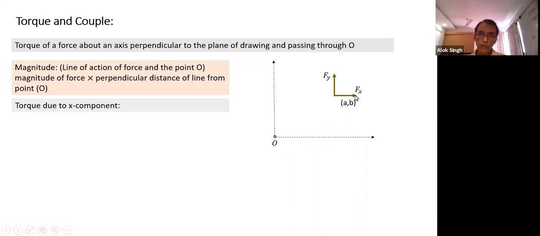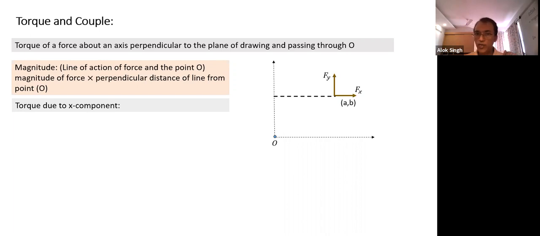So we need to multiply the magnitude of force by the perpendicular distance of point O from the line of action of the force. Can you all mark this line of action? Even if it is not drawn, I can extend the force, and I can translate the force also. If I shift the force Fx anywhere on its line of action, the torque does not change.